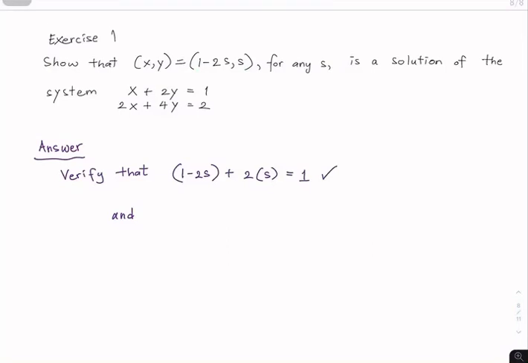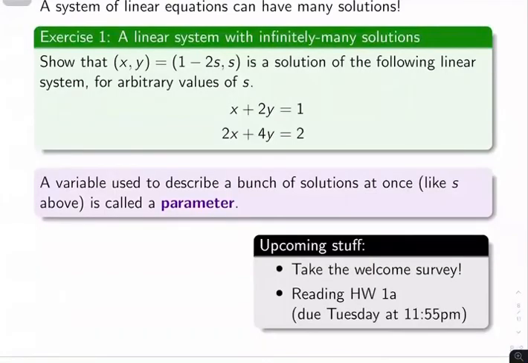I have 2 times (1 minus 2s) plus 4 times s, which is equal to 2 minus 4s plus 4s, which is equal to 2. And I am done. This is the end of lecture 1A.